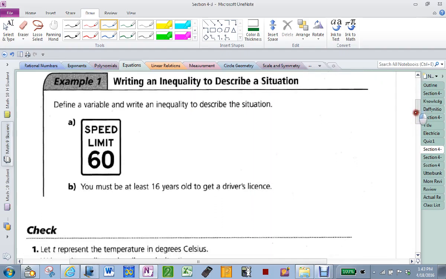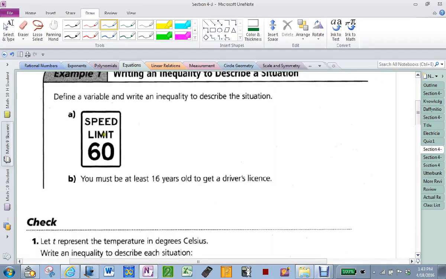So, let's make sure you can actually do this. It's the speed limit. There are two jobs right here. One, define a variable. What do you think it means, Ms. Adams?